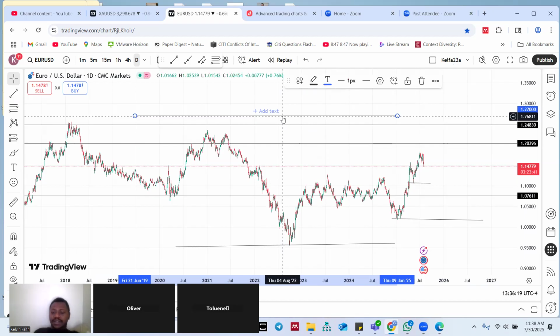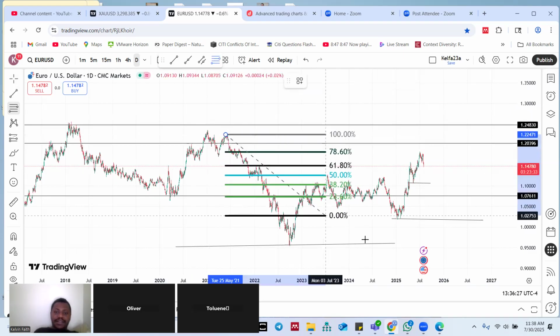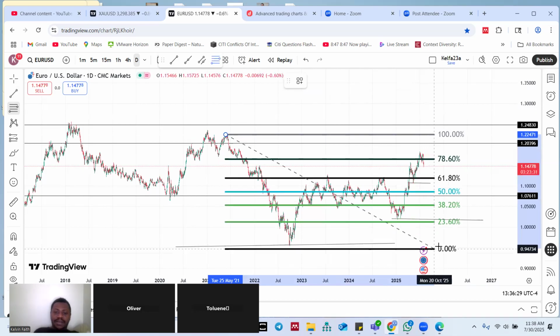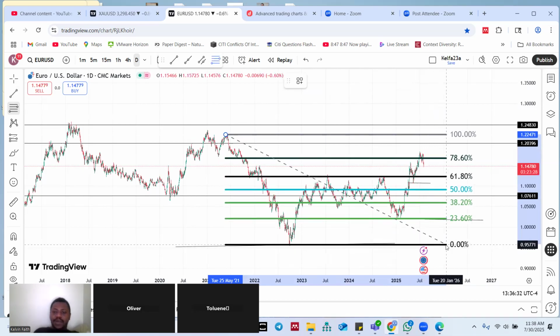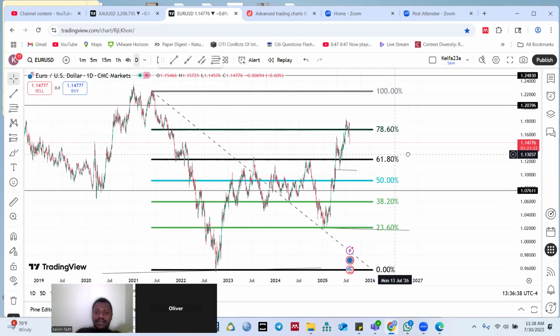So what I would do is to go back again and use my fib to measure from this area to the low here, and look at what is happening within this context.